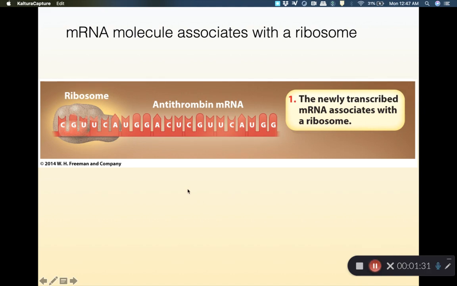So, as you probably remember from our organelle lectures, ribosomes are freely floating in the cytoplasm of the cell.